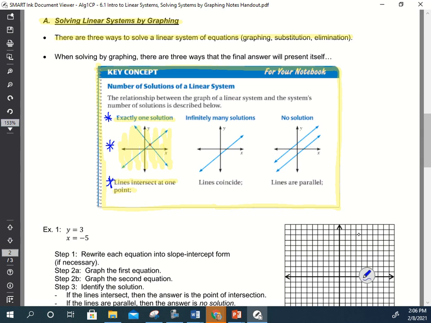So two lines intersect, that means they're going to meet at a point. Whatever that point is, that's your answer. So that's one type of solution.